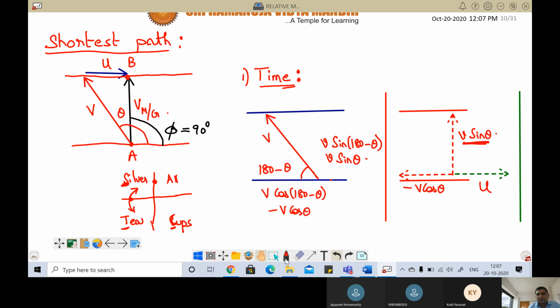Towards B, perpendicular direction. That means y direction, correct?